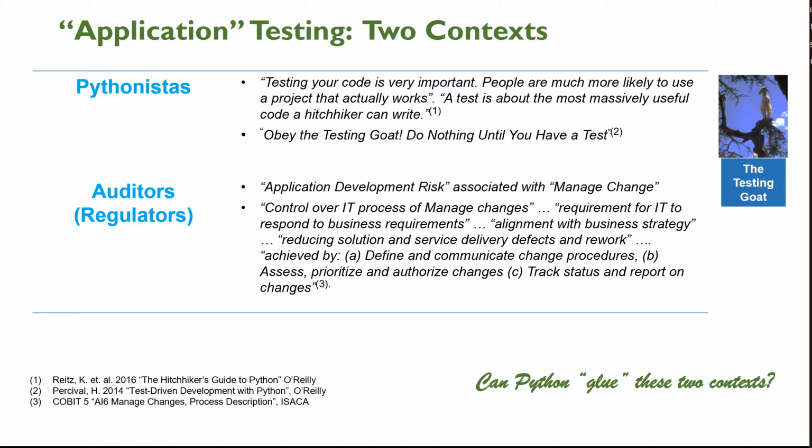Number two is whether there is evidence of the change being assessed, prioritized, and authorized. And number three is the status of the change and the report on change. These three are the key artifacts or evidences that auditors would like to see whenever there are changes.